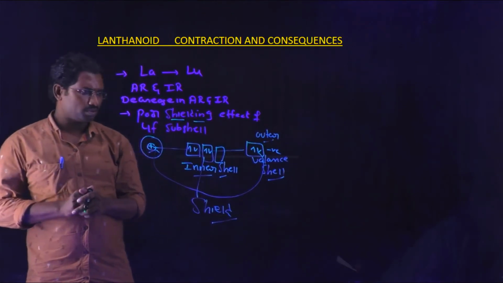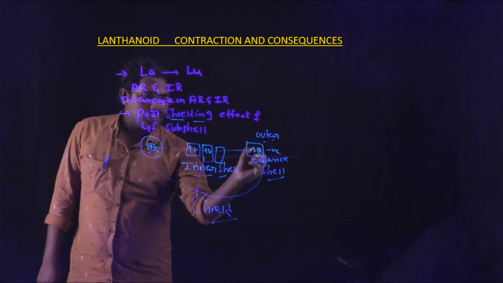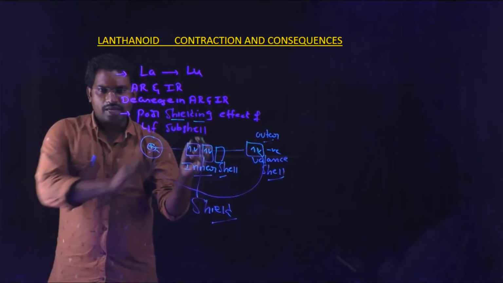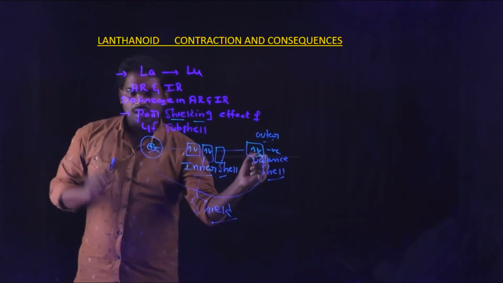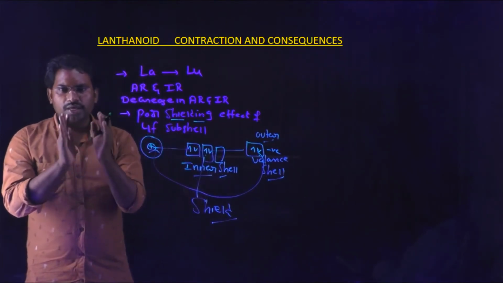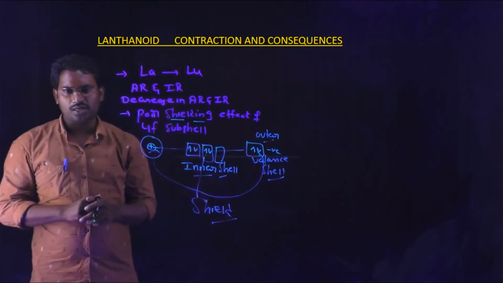So there is a strong attraction between the nucleus and valency shell electrons, and the inner shells act as a shield and reduce the attraction between the nucleus and valency shell. Understand or not?